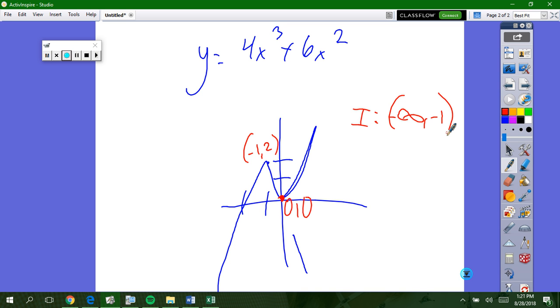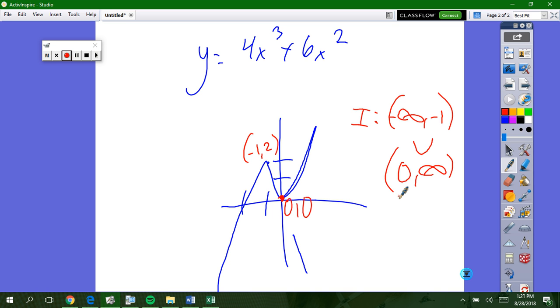From 0 to infinity. Now, when there's more than one, you use a union sign. You should have them next to each other, but I kind of ran out of room. Have yours next to each other, though. Okay.